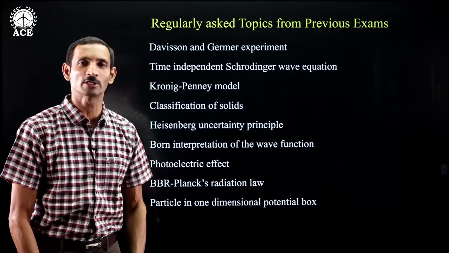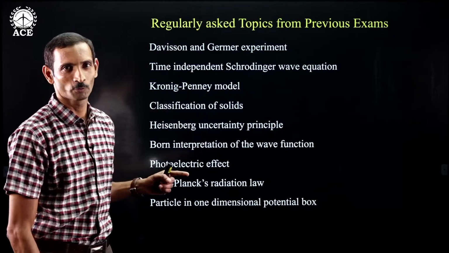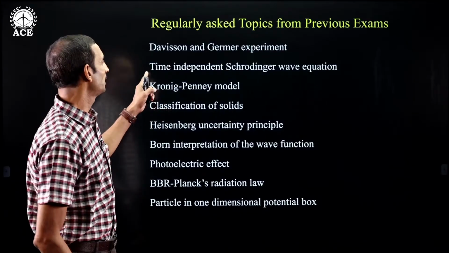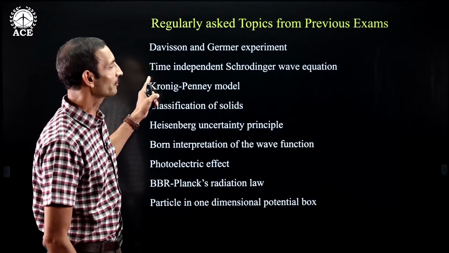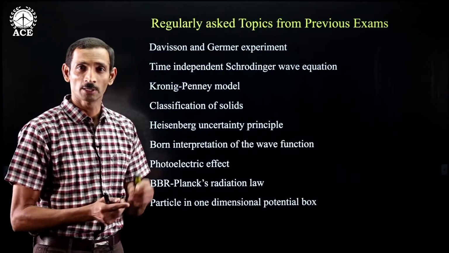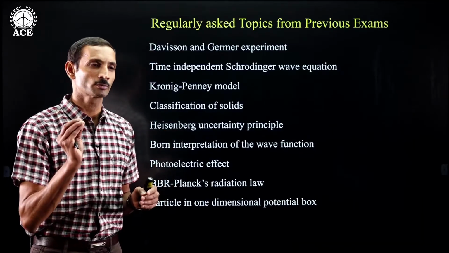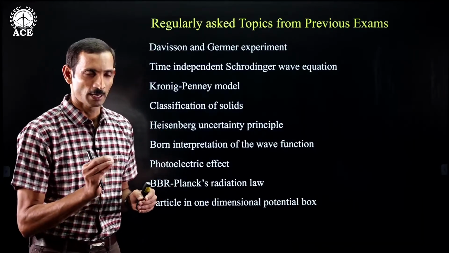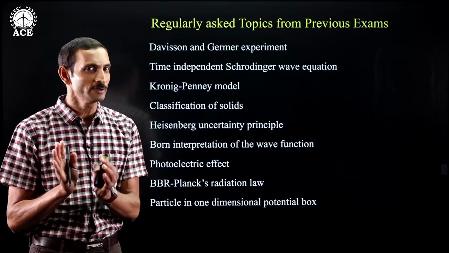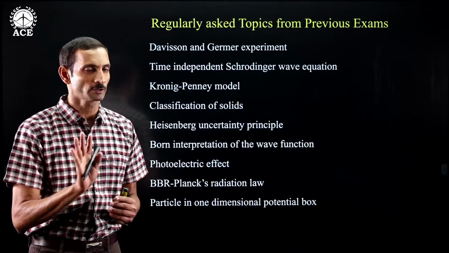Today I am going to start with that, and after explaining the Davisson-Germer experiment, we go one by one about each topic. You will be along with me in deriving the Schrodinger time-independent wave equation. I am going to derive it here on the board itself, and you are going to do it along with me. It's a slightly lengthier derivation, but if you do it in the classroom for the first time and leave it as it is, and just read it again before the examination, it's of no use.